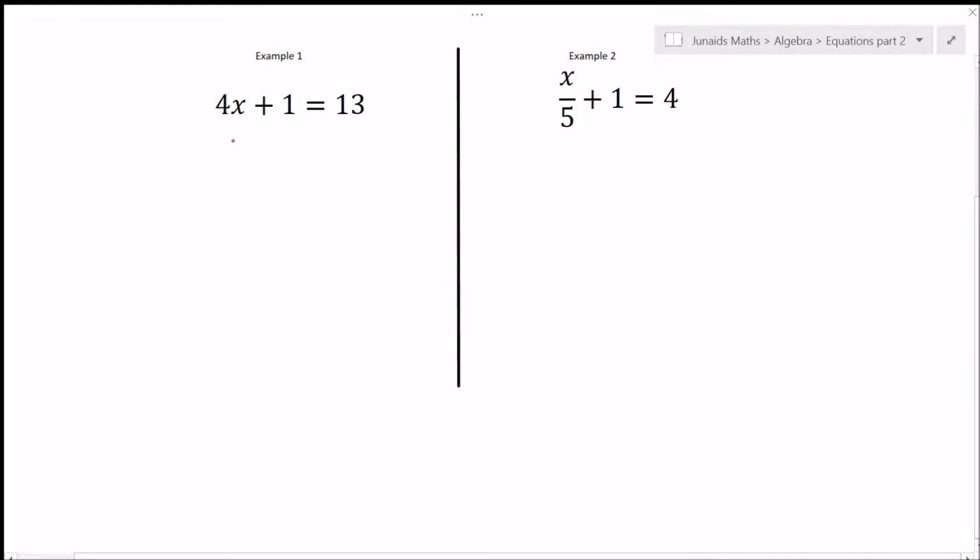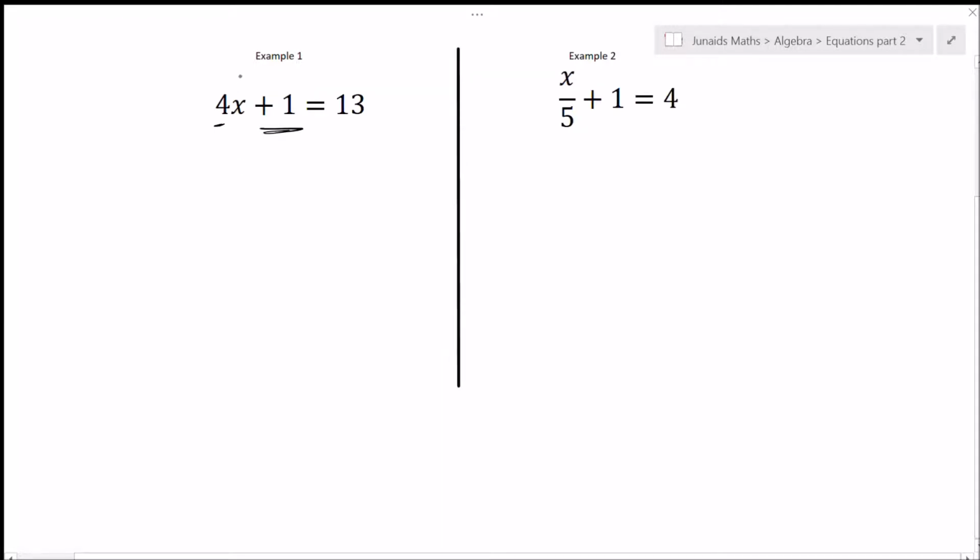Now we're going to go ahead and see how we can solve these two equations. So the first equation is 4 times x plus 1 equals 13. Now how can we solve this equation? We need to get rid of these two numbers from the left hand side.